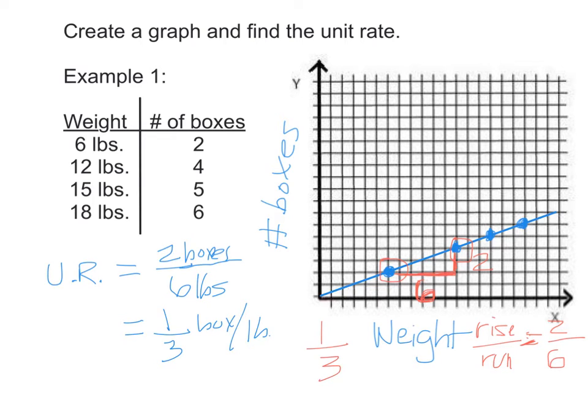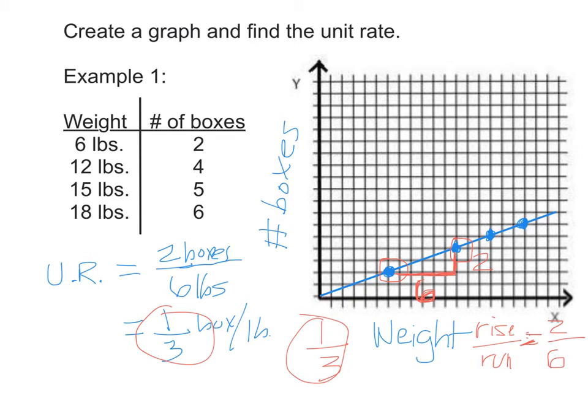So when we graph a unit rate and we measure the slope of the line, we'll find that the slope and the unit rate are the same thing. If we take the time to do that for our second example, we would find that slope and the unit rate would be the same for example 2.